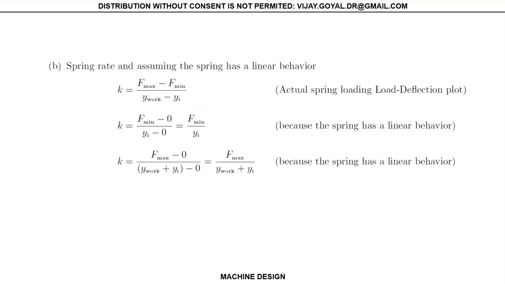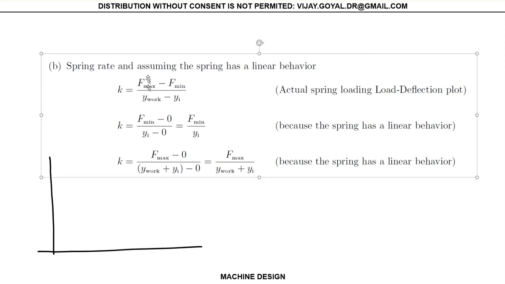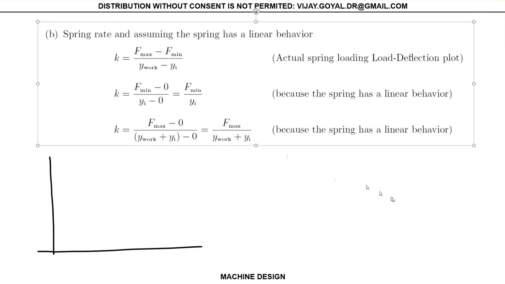Let's move on with our discussion here. The spring rate, assuming the spring has a linear behavior, as I just mentioned. Let's suppose I have a spring. This comes from your notes, so you can pause and take notes on this.